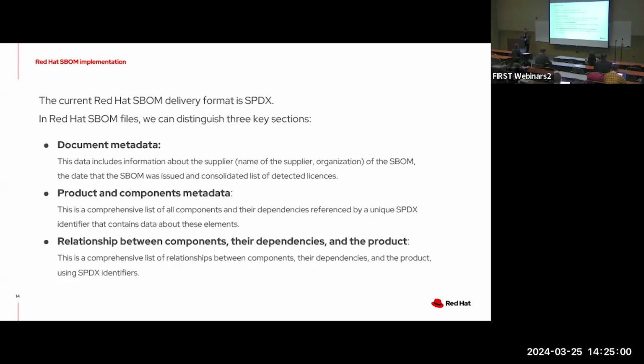In the Red Hat SBOM file, we can distinguish three key sections: document metadata, product and components metadata, and relationship between components, their dependencies, and the product itself. So now let's take a closer look at all of those three different sections.